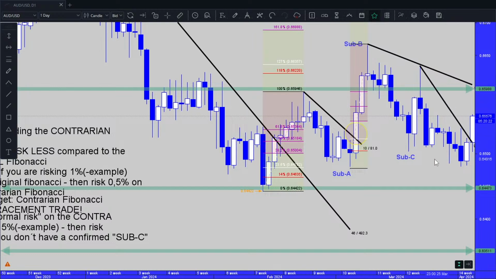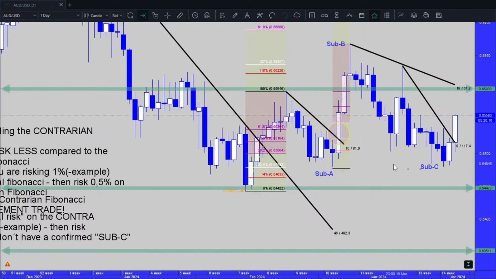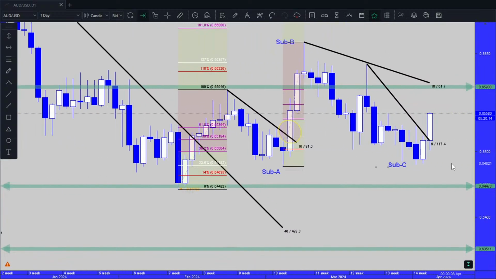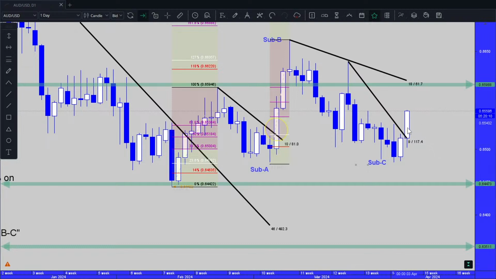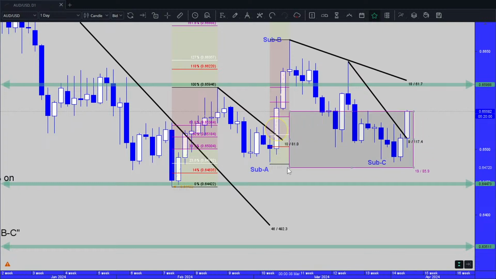Alright, so this is now the sub C, and our entry, well, if this is the candle, right? Because this is the daily chart, I need to wait for the daily candle to close, but let's say that this candle is closed. Now, yes, now it makes sense.